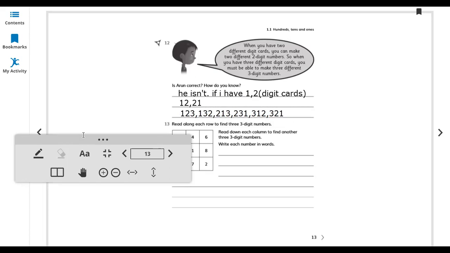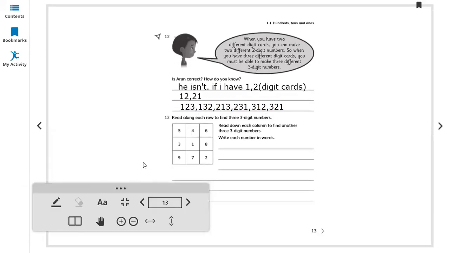Question number 13. Read along each row to find a three-digit number. Very easy. 546. Read down each column to find another three-digit number.